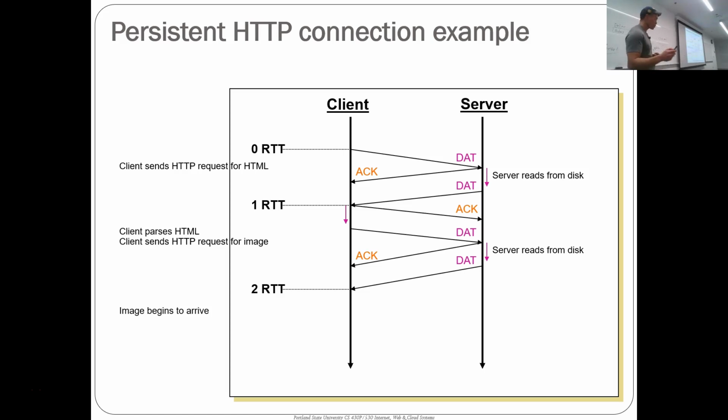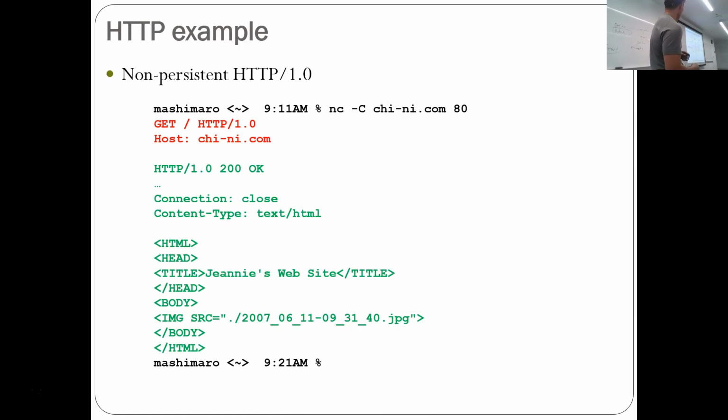Okay, to show you an example of this, this is an output for non-persistent HTTP 1.0. I connect up to this web server on port 80, and I get the base page. I say that's the host I'm trying to get, and then it will basically give me the HTML.